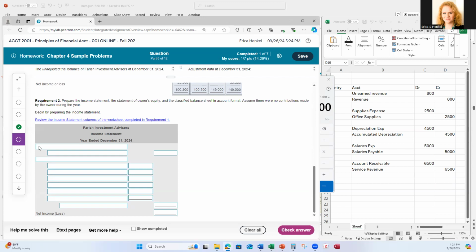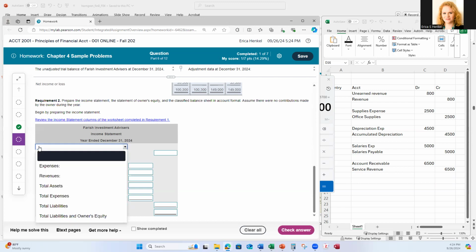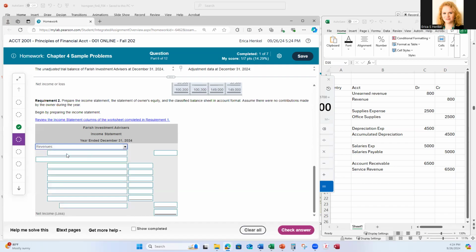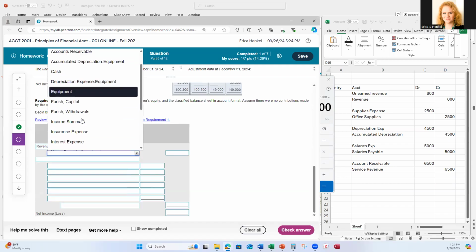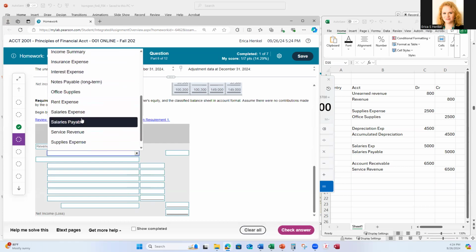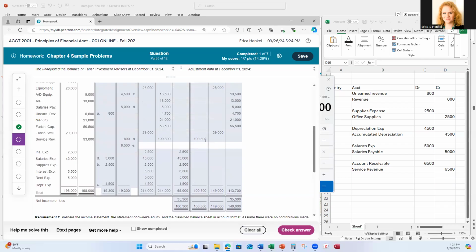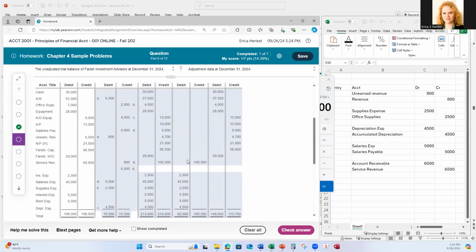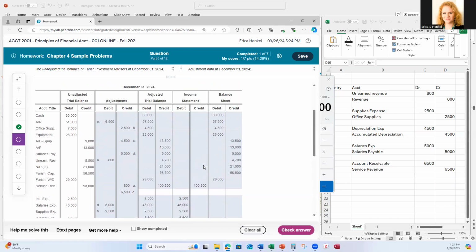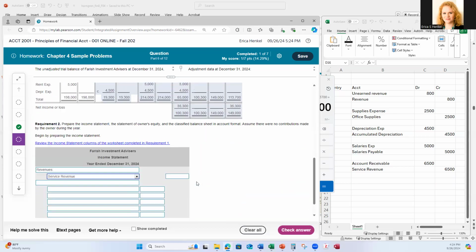The thing that we typically want the most of and care the most about, which is revenues. And so we just have service revenues here. And the amount of service revenue we had was this 100,300 from this account. So we're just grabbing these end balances from the income statement columns here and plugging them in.